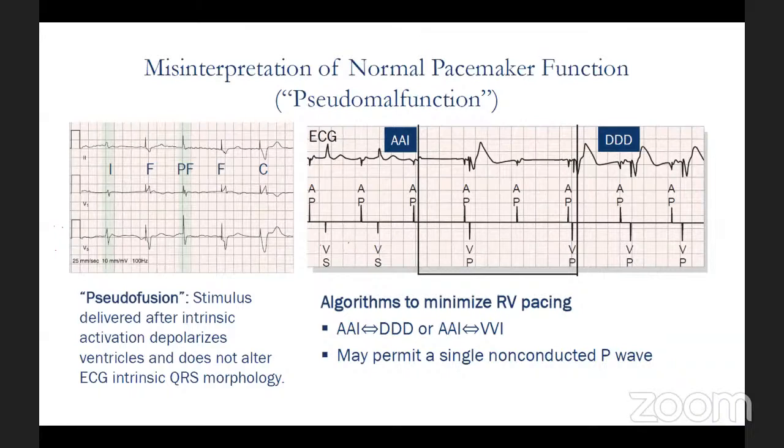At the beginning it's A pace, V sense, and then typically the device every now and then prolongs the AV interval to give a chance for natural conduction to occur. When that drops, as Mohamed explained, you pace A and V immediately, and then you switch back to your DDD mode. So the fact that you see the V doesn't exclude this from being an AAI mode, because it's almost virtual.